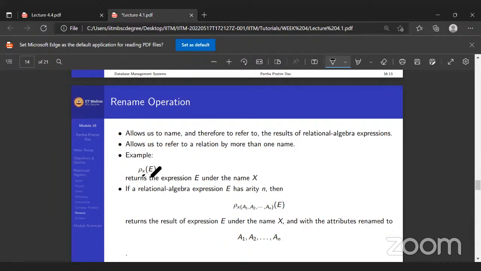An expression will always give a single table, a relation. Then only we can do this renaming, because we can rename as rho X the relation E. Whatever we are getting from the expression E, that will be a table, and we will rename that as rho X.